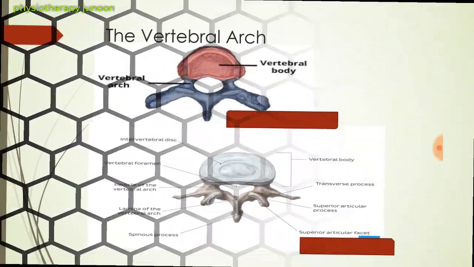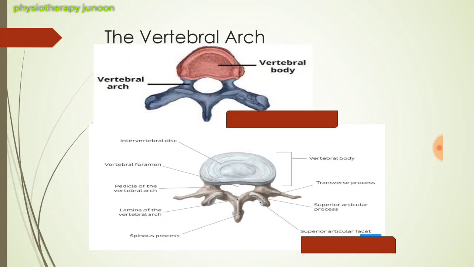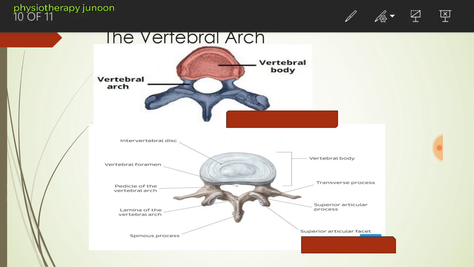See the picture: intervertebral disc, vertebral foramen, pedicles of the vertebral arch, lamina, spinous process, superior articular processes, and transverse process. This upper part is the cervical vertebral body, and the lower part is called the vertebral arch.